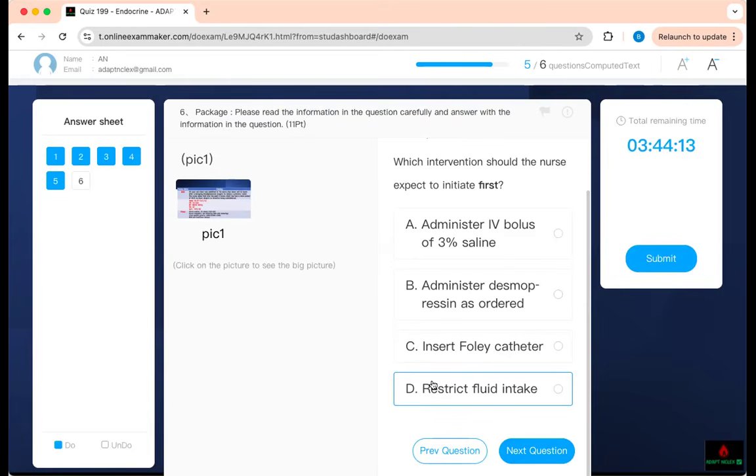Psychogenic. It's not a psychiatric problem. Therefore, I'm not going to restrict them. Therefore, give them what they need, right? You know the answer choice. You give them desmopressin. Don't restrict fluid. Fluid restriction is not indicated in central diabetes insipidus.